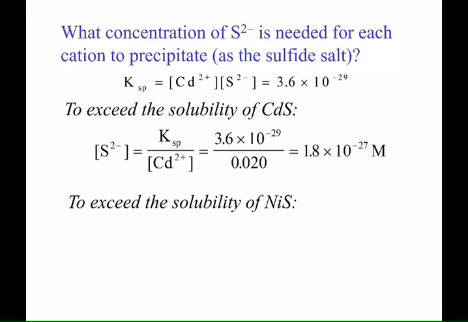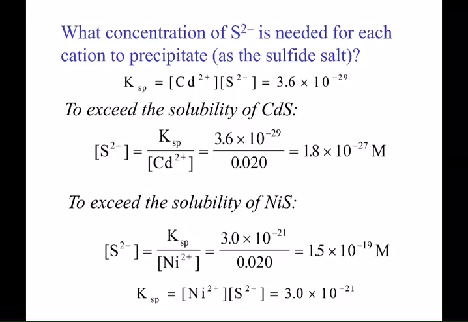We do a similar thing with nickel 2 sulfide, rearranging its KSP equation, solving for the sulfide ion. You get the sulfide equal to KSP divided by the nickel 2 molar concentration.